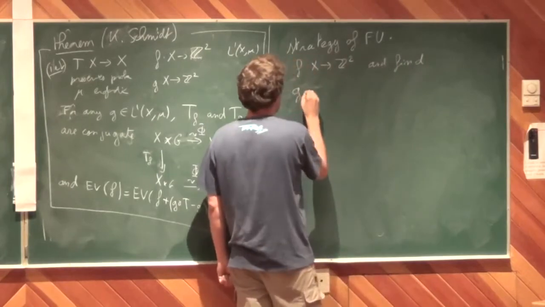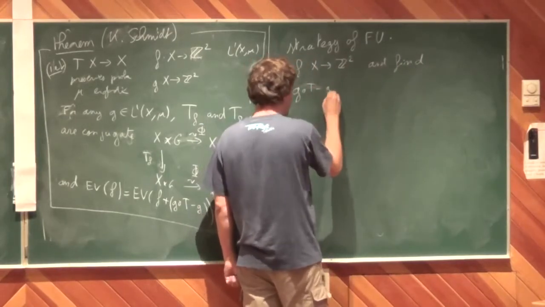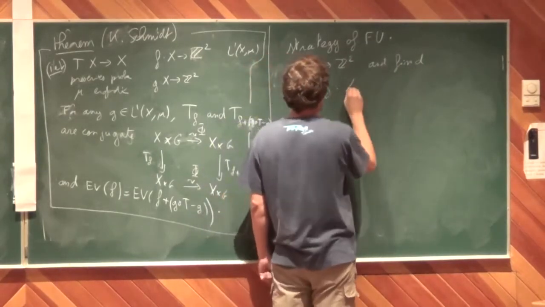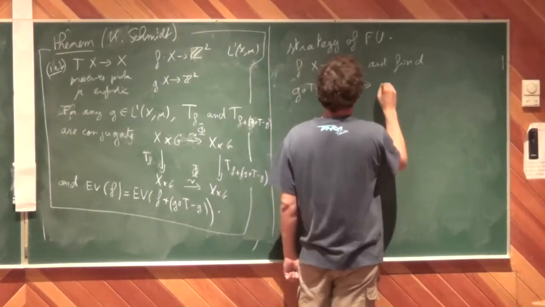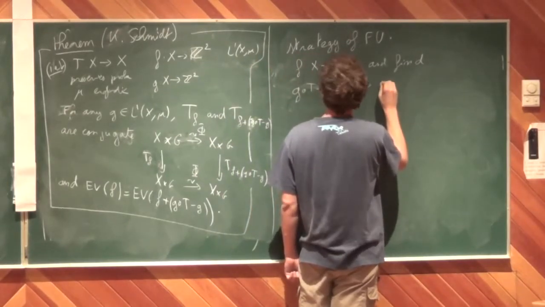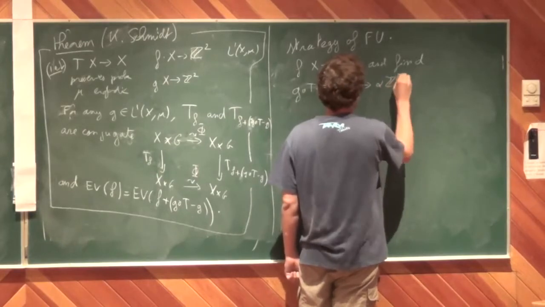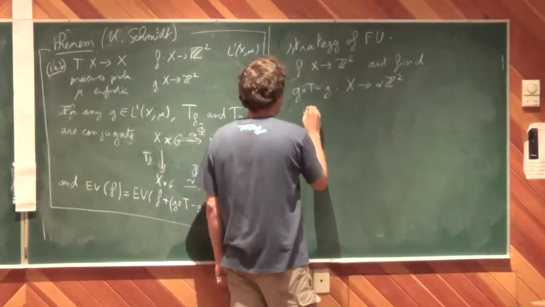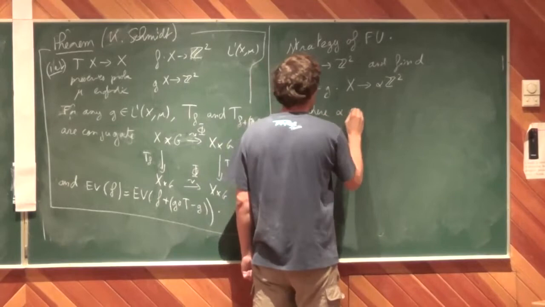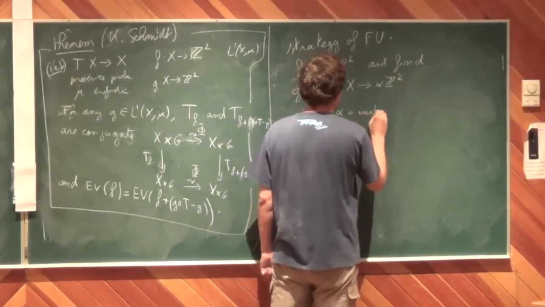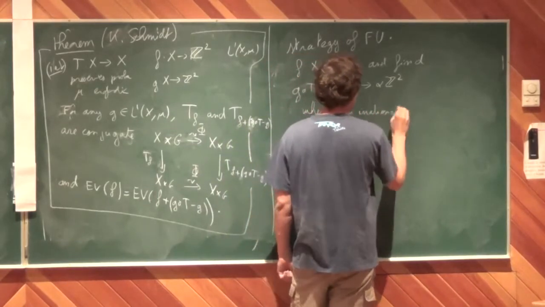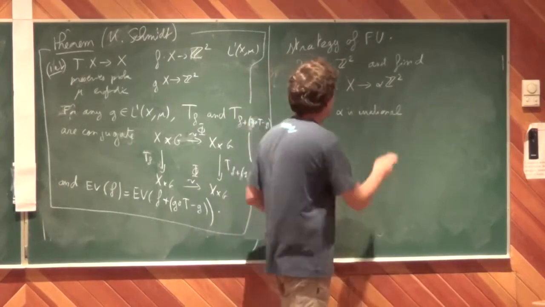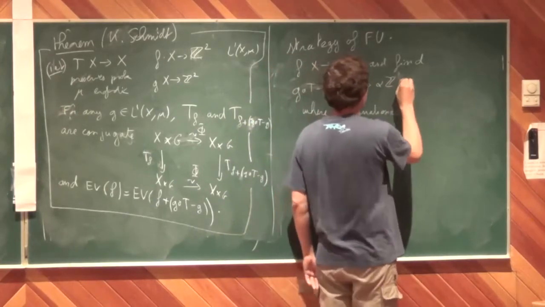G. Find the coboundary that goes from x to what? To alpha Z2, where alpha is irrational. Or alpha Z times beta Z, I don't remember.